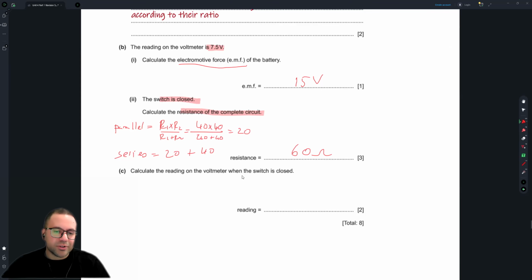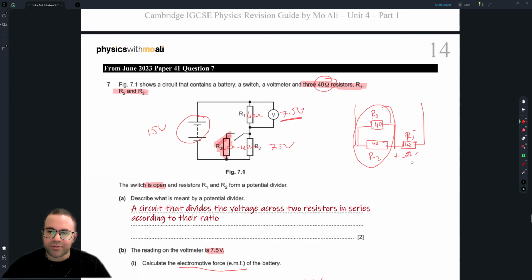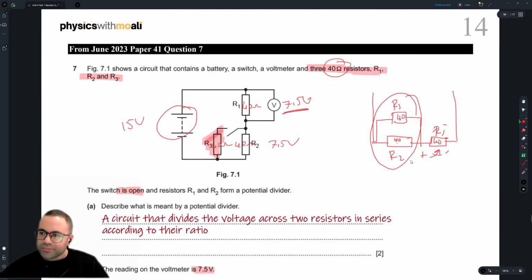Calculate the reading on the voltmeter when the switch is now closed. Ooh. Oh, wait. Hold on. Let me erase this. Or maybe I didn't need to. Oh, yeah, I didn't need to. Didn't we just say that these two together are worth 20 ohms?